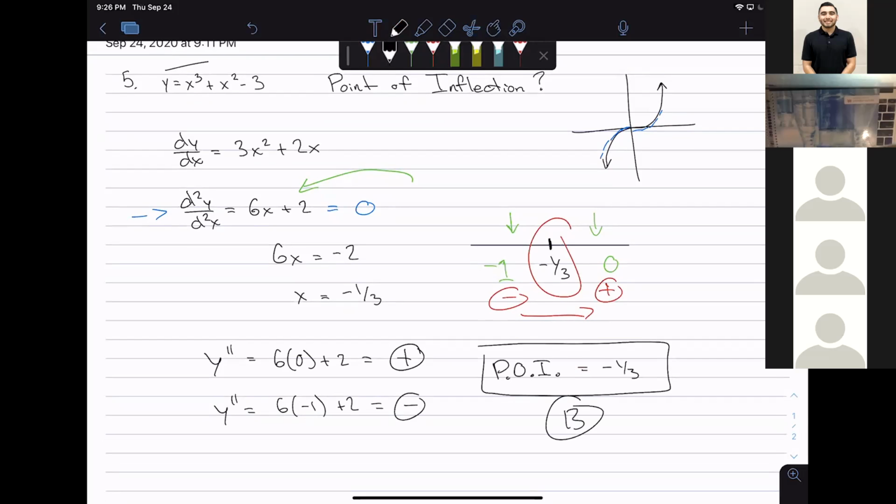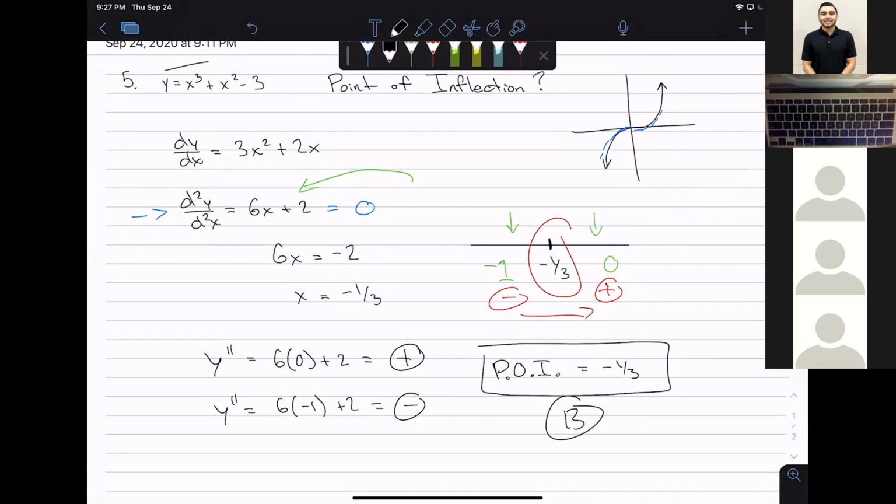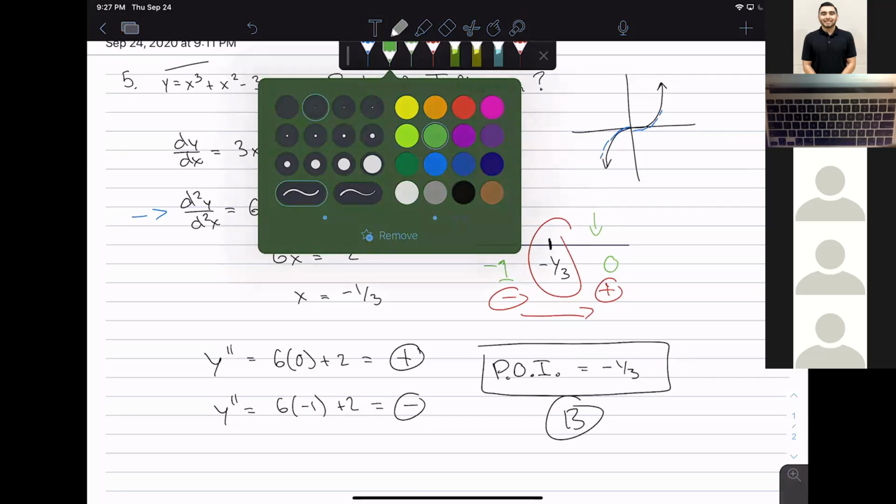Any questions? Yeah, so if you check it and it doesn't work, what happens? If you check it and it doesn't work, then that's not your inflection point. You might have messed up the math, or the problem might have other options.